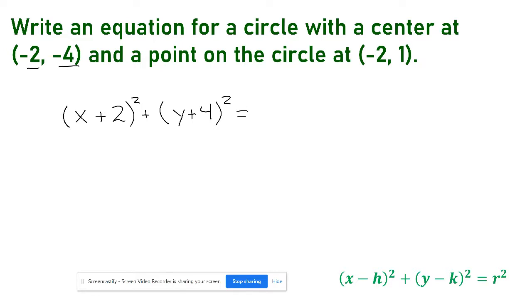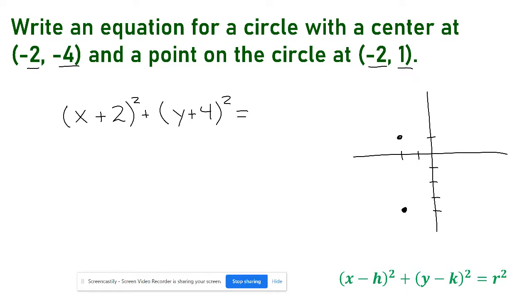One thing I noticed about these two points, the center and the point on the outside of the circle, is they have the same x value. They both have an x value of -2. I'm just going to draw a quick rough graph here. Our x value is -2. The center point is at -4, so it's at -2, -4. And the point on the outside of the circle is at -2, 1.